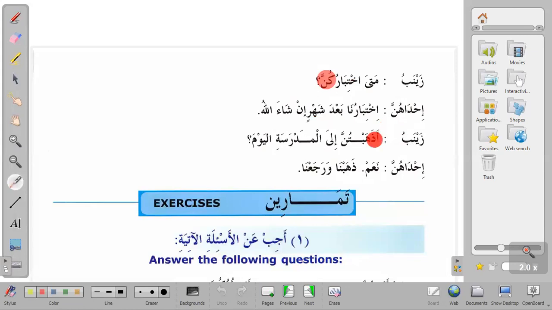So Zainab said, أذهبتن إلى المدرسة اليوم. أذهبتن, did you go to the madrasa today? He's asking a question.